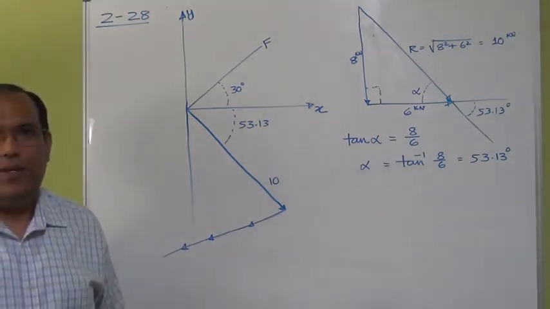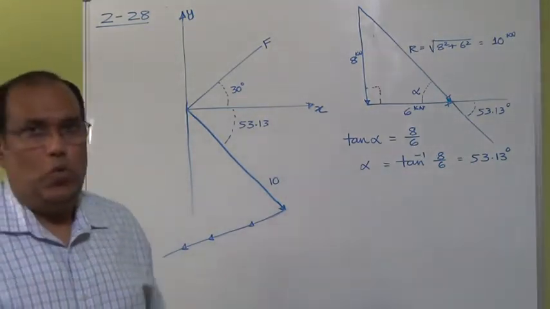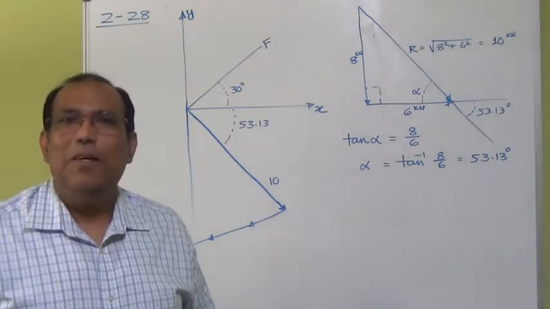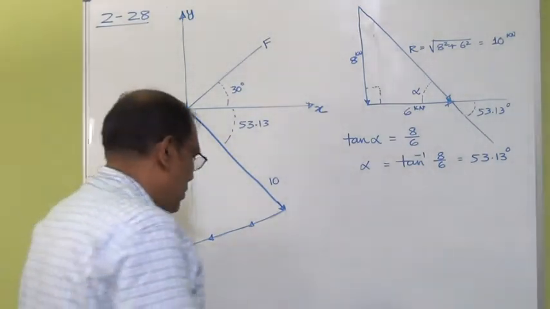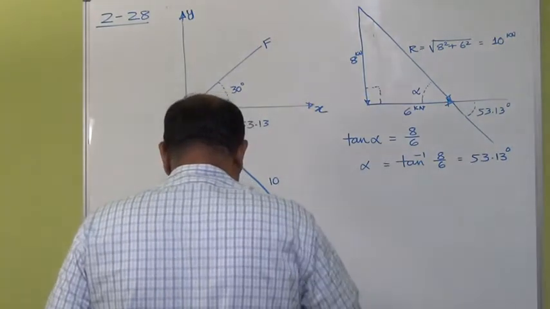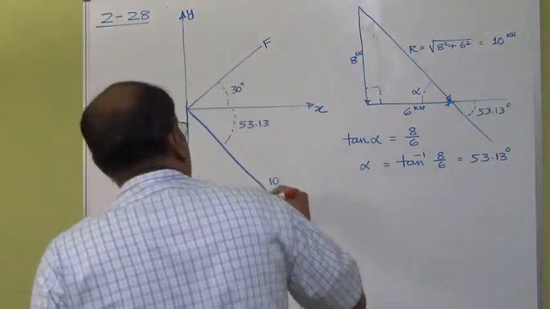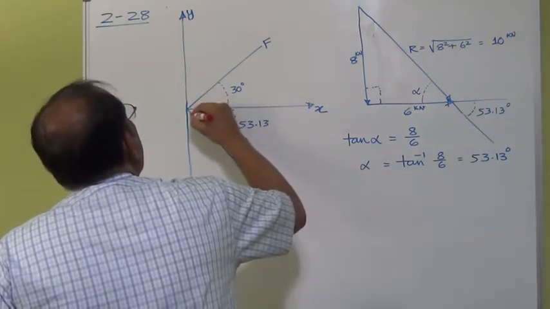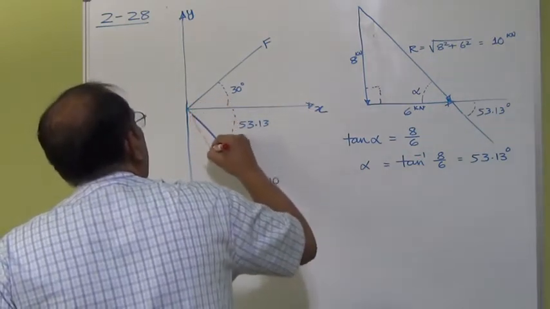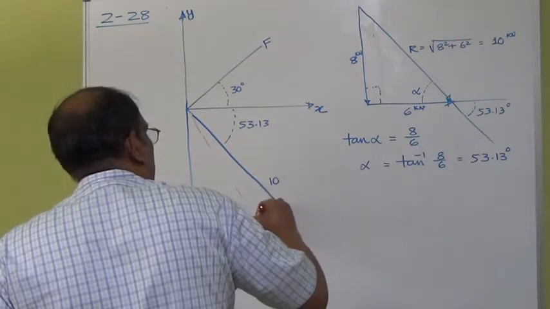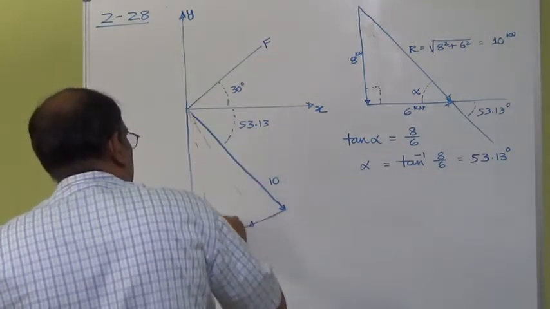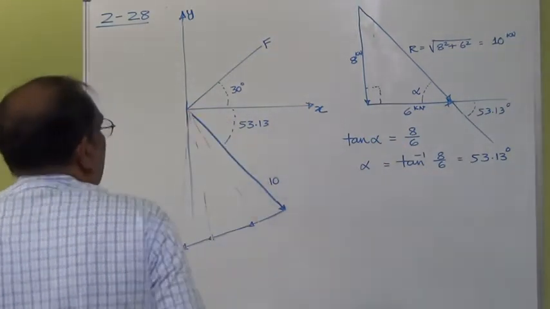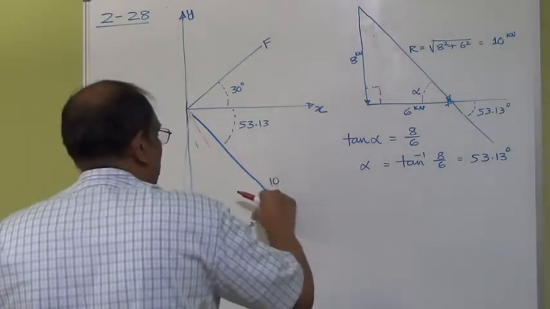I don't know. But they gave you a clue that the resultant would be minimum. So the resultant would be something like this, right?